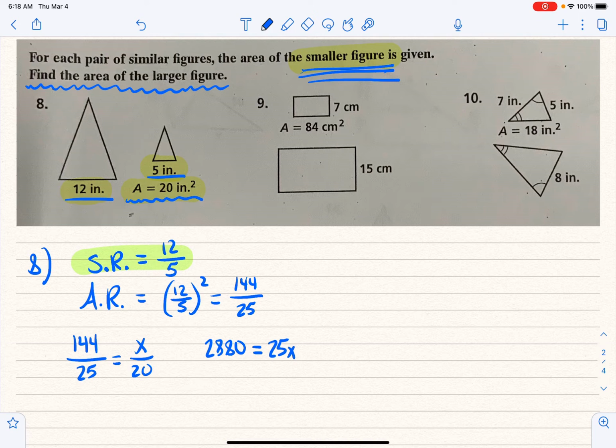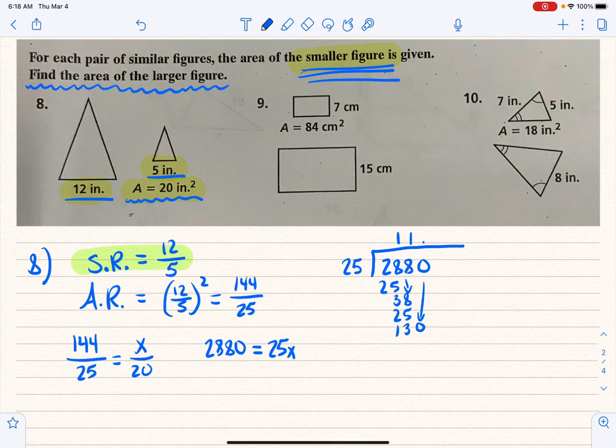Now, even if you're not great at math, you should still be able to do this division. Even if you have to do it off on the side, say, well, how many times does 25 go into 2,880? Well, 25 goes into 28 one time, leaves me with 3, and then the 8 comes down. 25 goes into 38 one time, leaves me with 13, drop the 0.